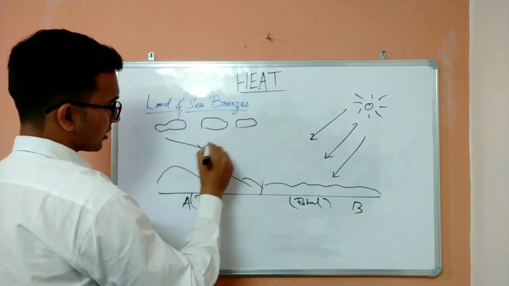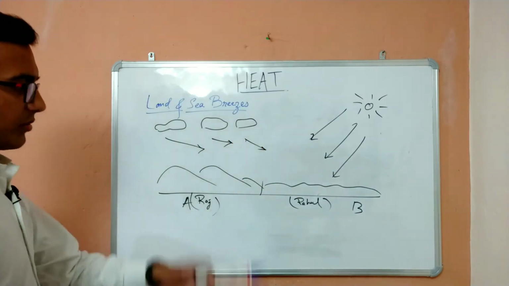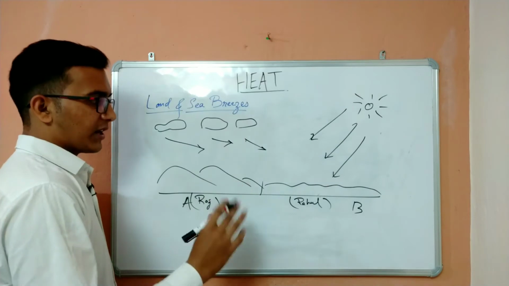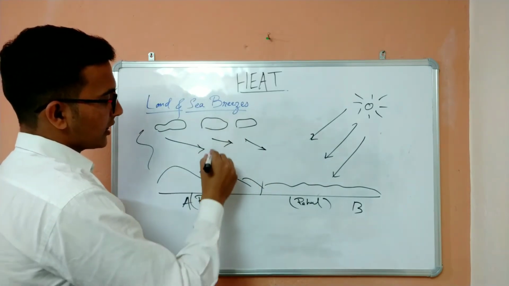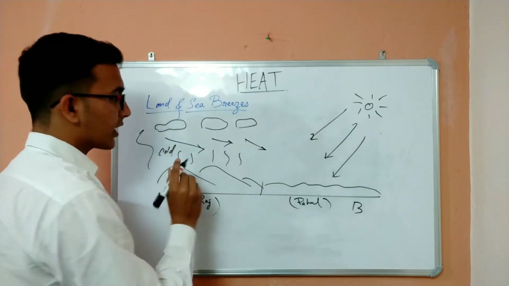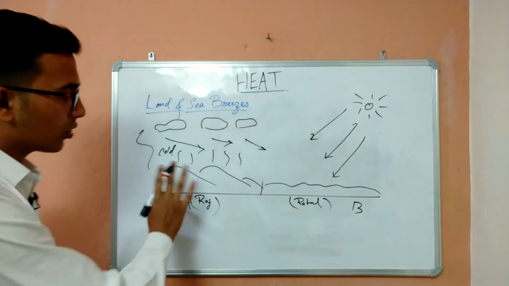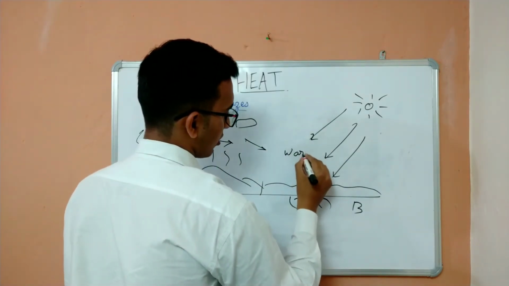Sometimes there are sun rays, sometimes you don't have sun rays. It's normal. So definitely the air all over it will be cold compared to this one. Not very cold, but cold compared to where Rahul lives. The air there will be warm.